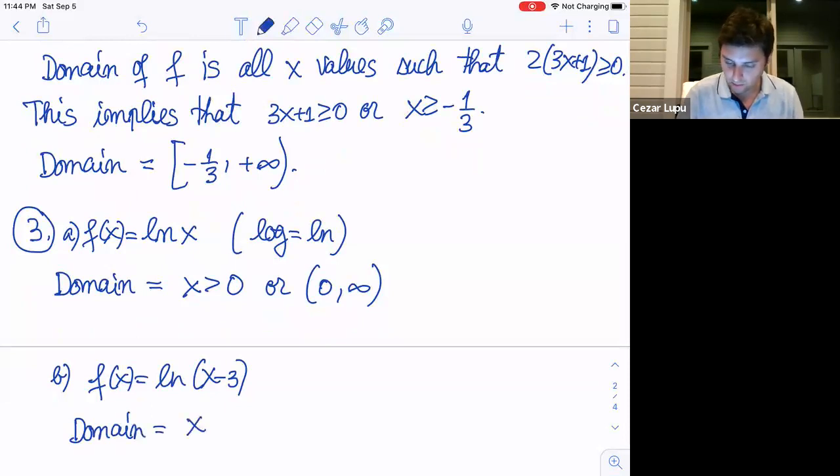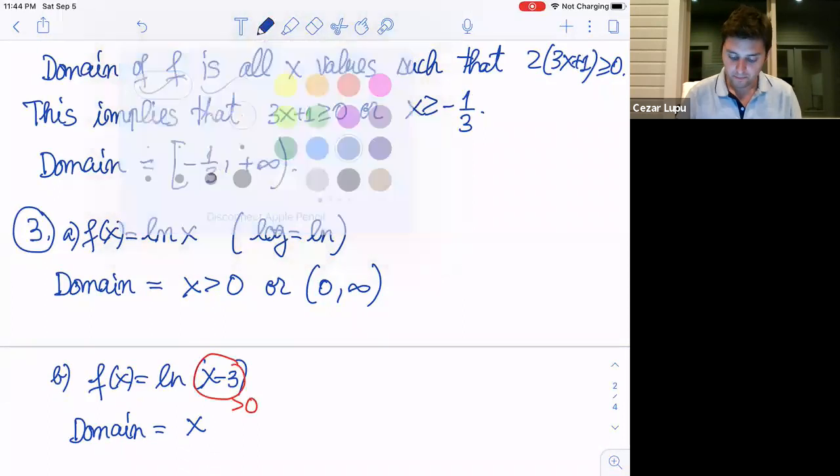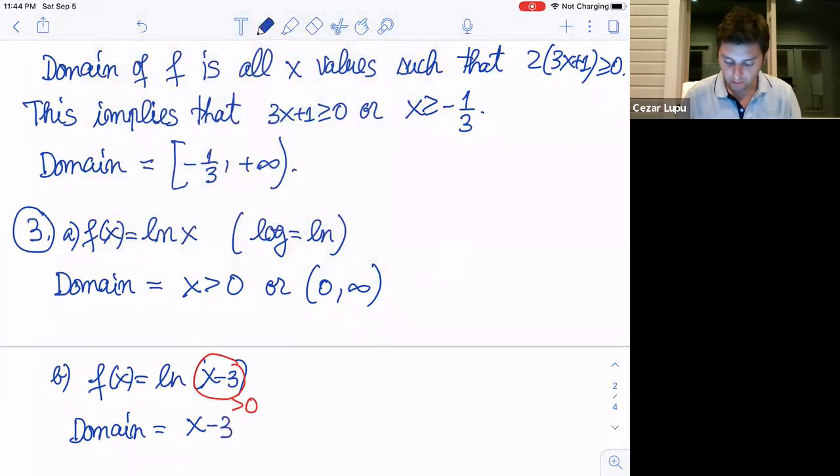If we look at the quantity inside, this quantity has to be positive. So the domain will be all the values x for which x minus 3 is positive, which implies that x is greater than 3.